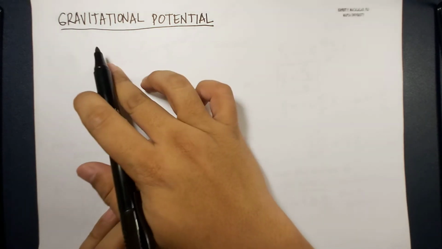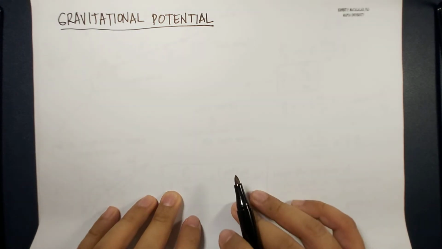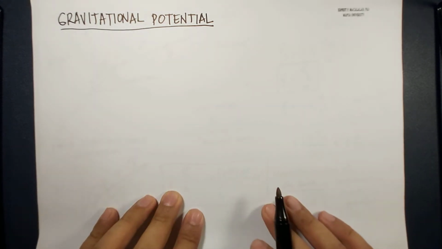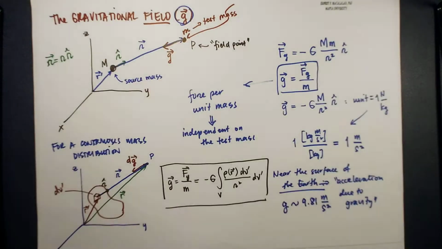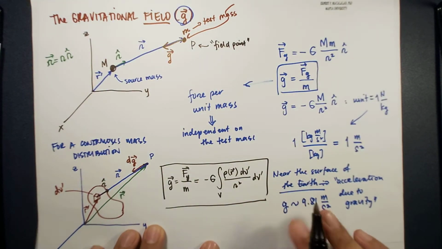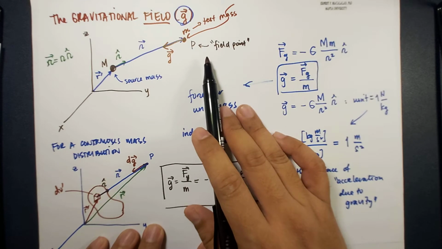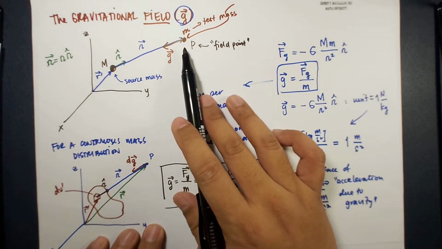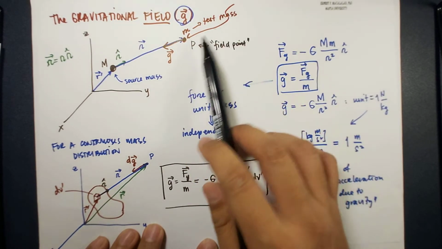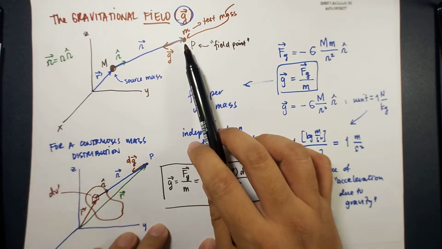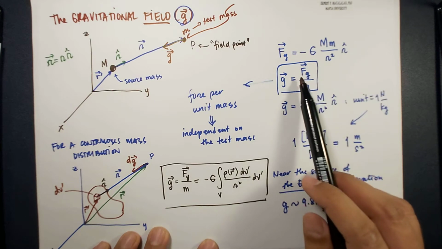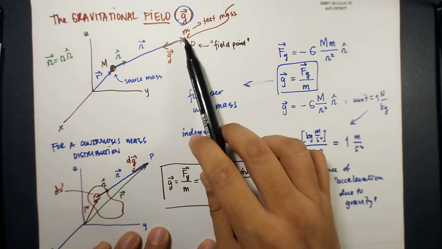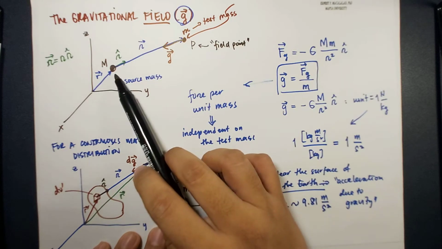But before we dig into this fairly new concept, let's have a recap of what a gravitational field is. The gravitational field at a field point P is determined by placing a test mass on that field point, and we calculate all the gravitational forces acting on this test mass due to some source masses.